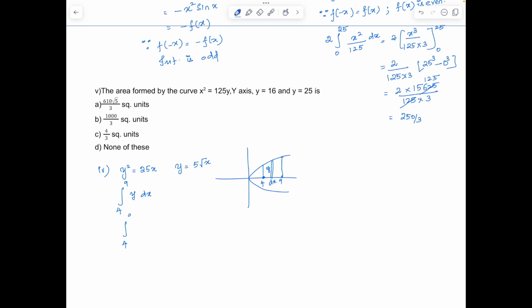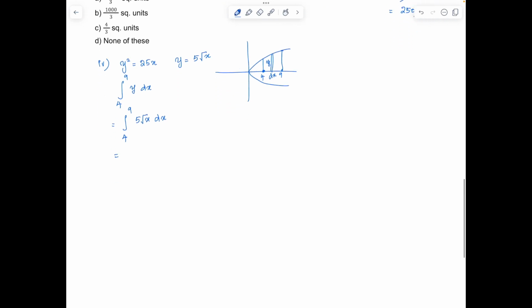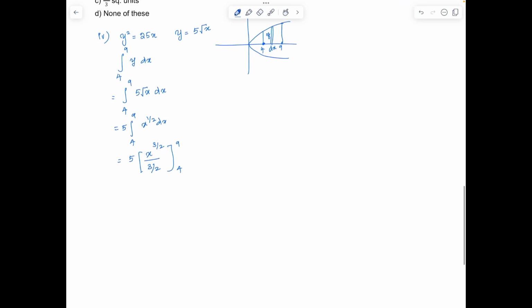Integral 4 to 9, 5 root x dx is equal to 5 integral 4 to 9 x power half dx, that is 5 times x power 3 by 2 by 3 by 2. Limits 4 to 9.